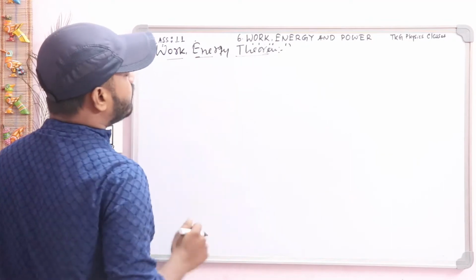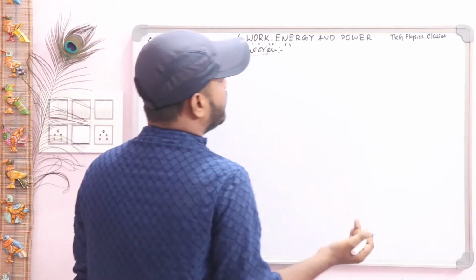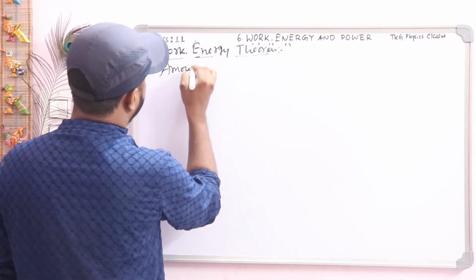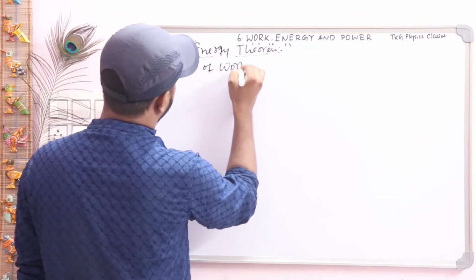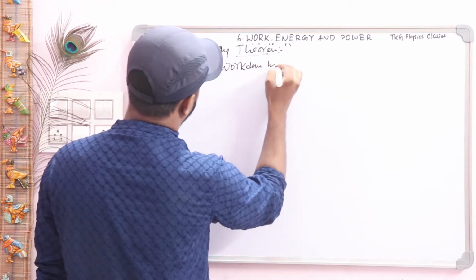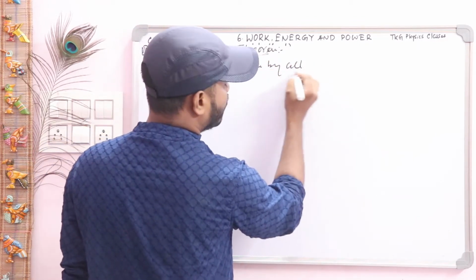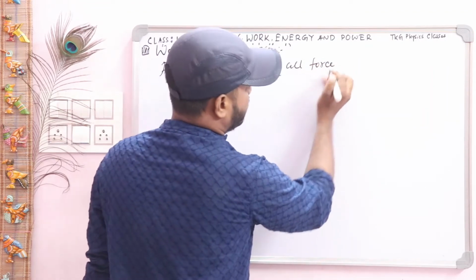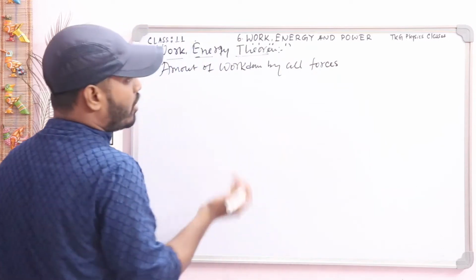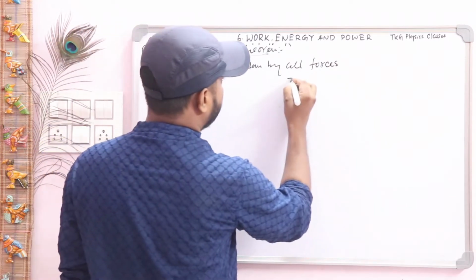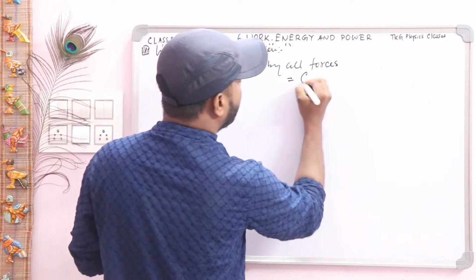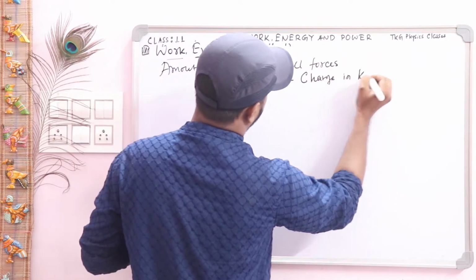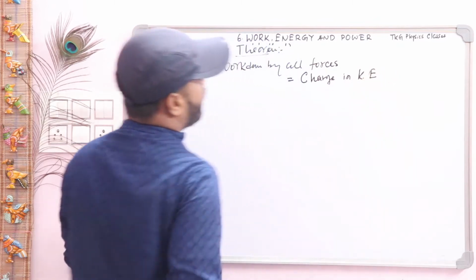You see the name, work energy theorem. You give the statement: work energy theorem states that the amount of work done by all forces, this point is important students, by all forces, or you can write by the net force, the amount of work done by all forces is exactly equal to the change in kinetic energy of a body.